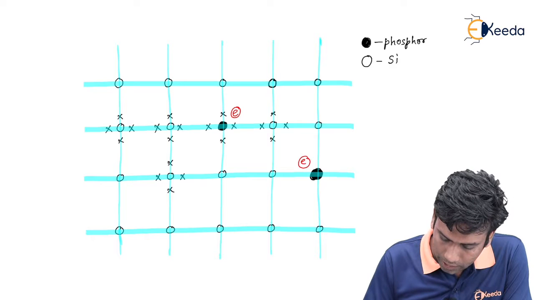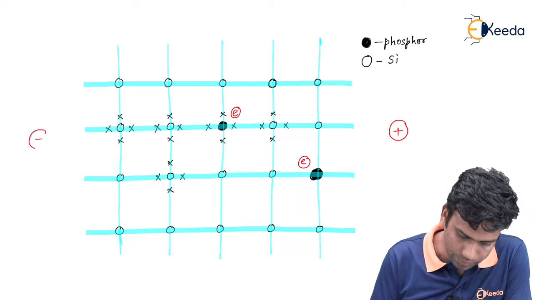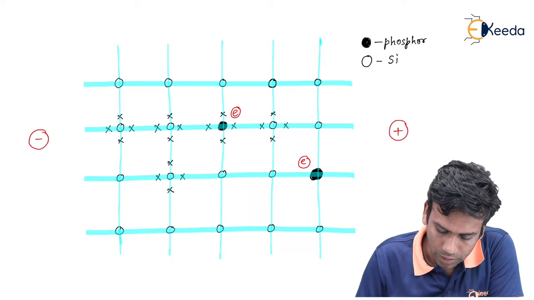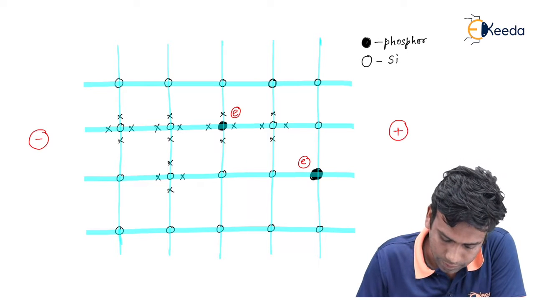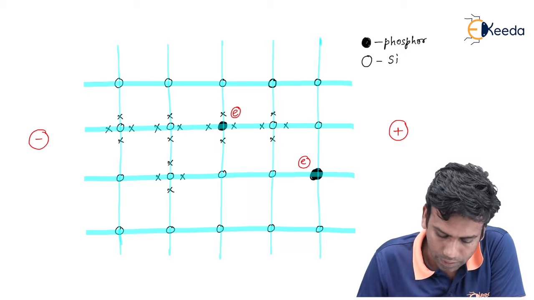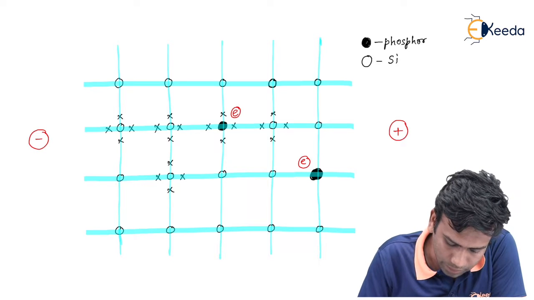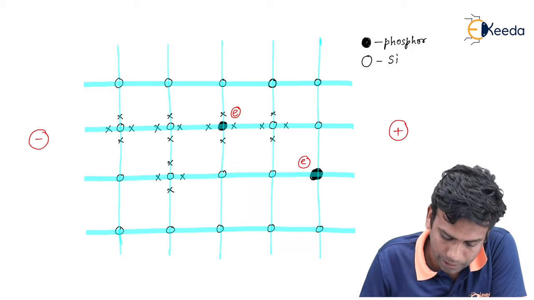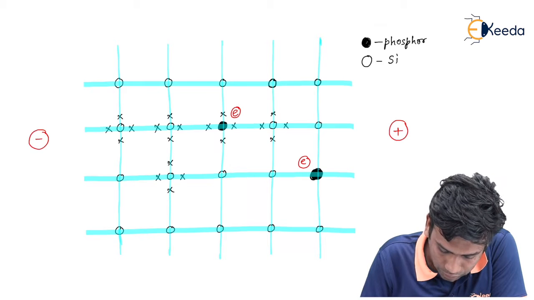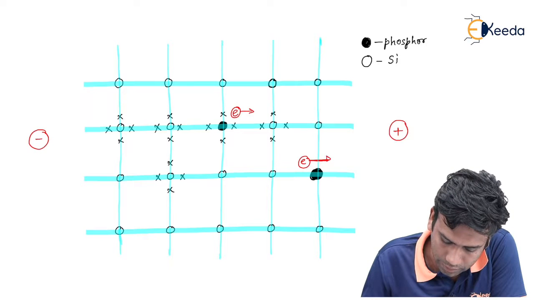Let us apply a positive potential here and a negative potential here. This applied electric field will attract this electron according to the direction of the electric field, so the electron will move in this direction towards the positive terminal, and this electron will move in this direction.